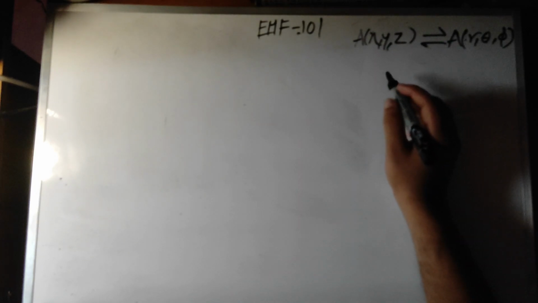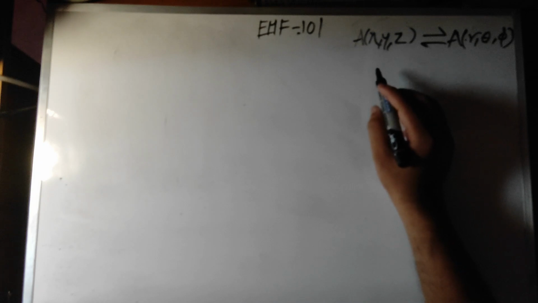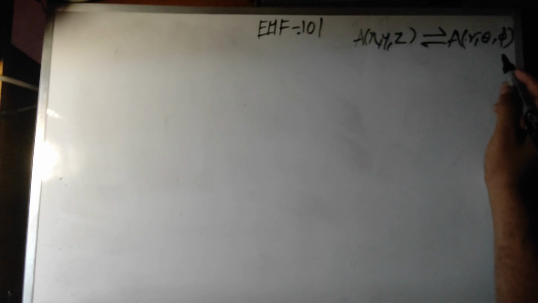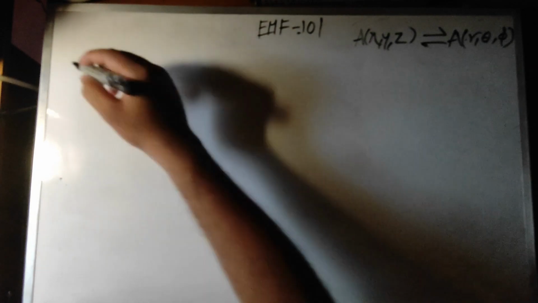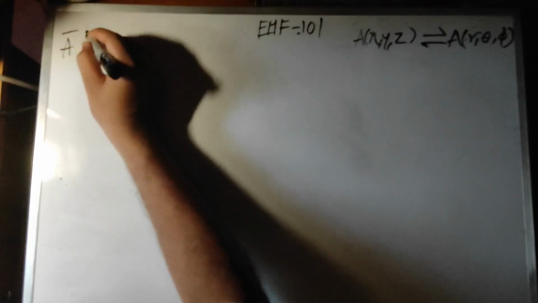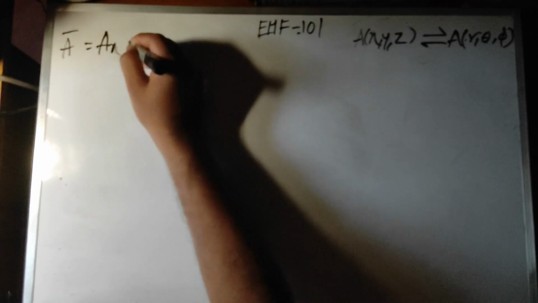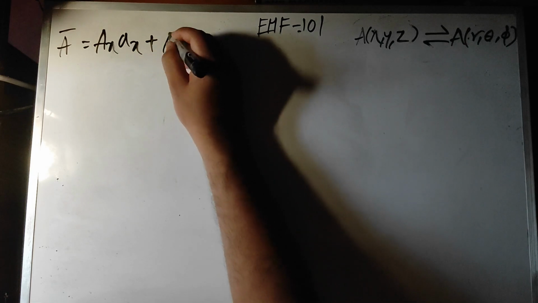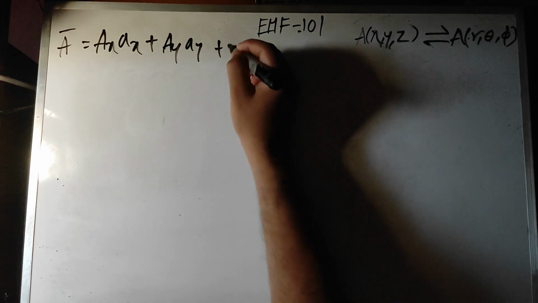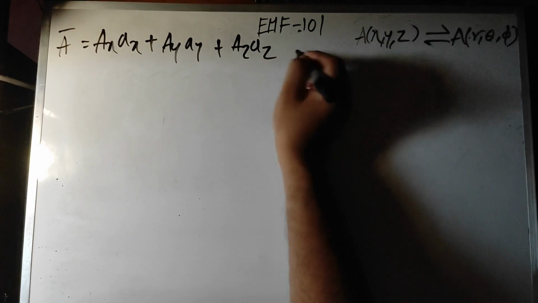Now for the transformation of a vector in Cartesian to a vector in spherical and vice versa, say A is Ax plus Ay plus Az.